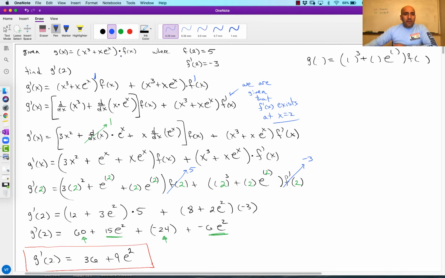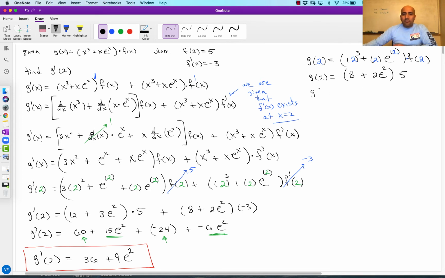Okay, so just evaluating this function at 2, we get g of 2 is equal to 2 to the power of 3 plus 2 times e to the power of 2, times f of 2. Okay, so we can simplify that. That means that g of 2 equals 8 plus 2e squared, and then the whole thing gets multiplied by f of 2, which is 5.